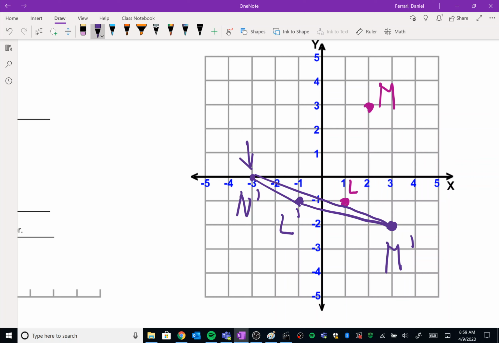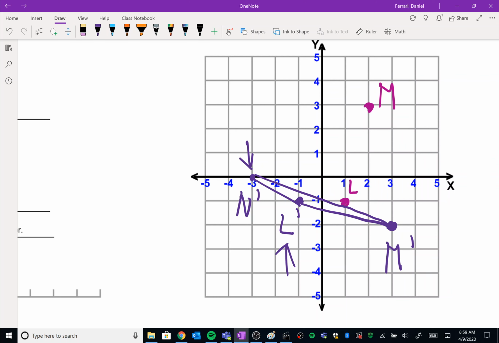One thing to keep in mind is that the dark purple ones are the primes, which are our final transformation. So we essentially started with the light purple and are ending with the dark purple. We want to keep that in mind when we describe our transformation.